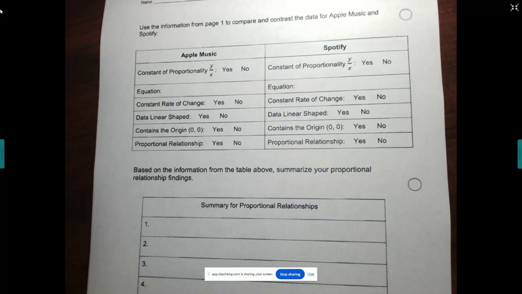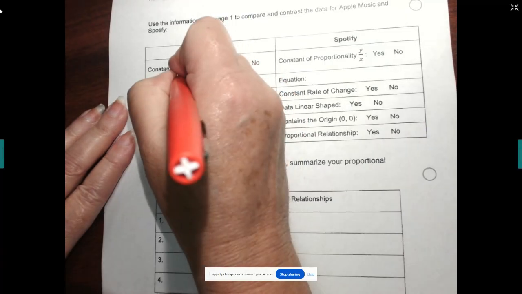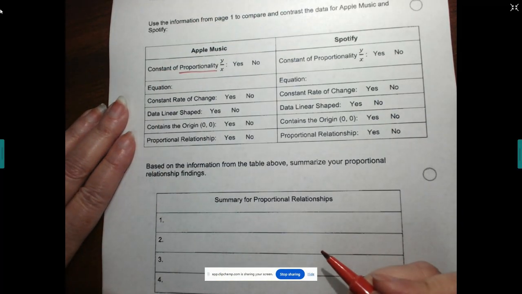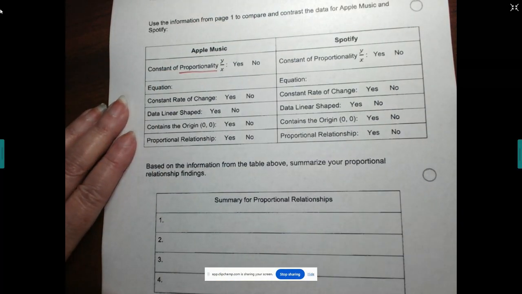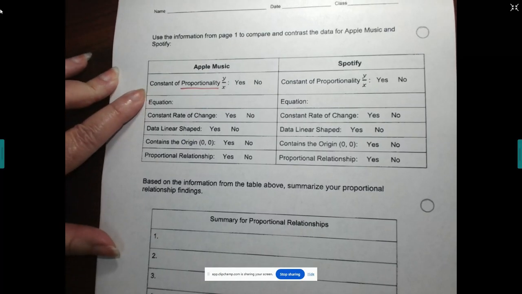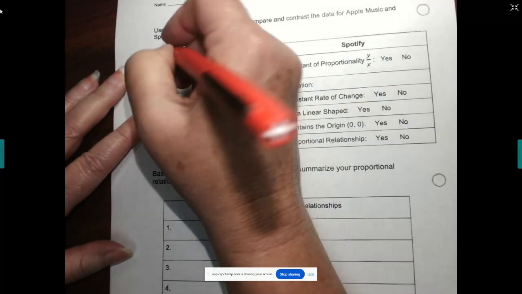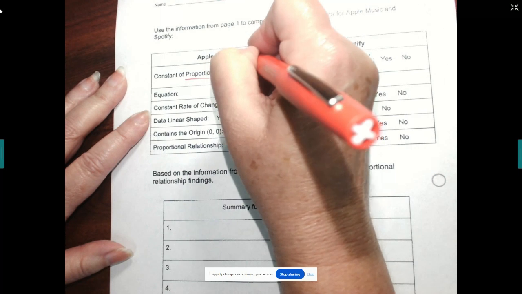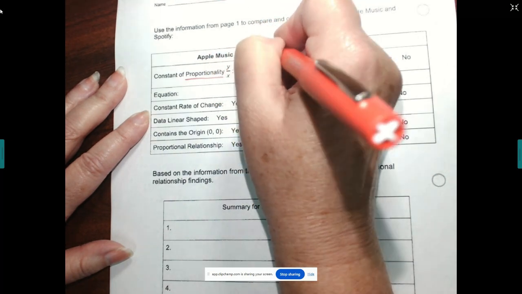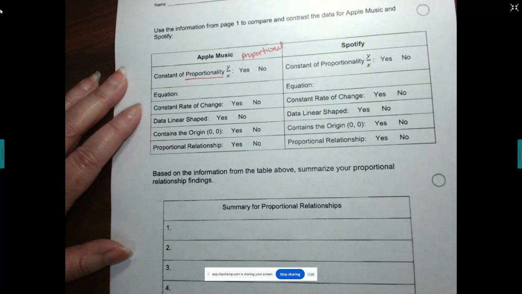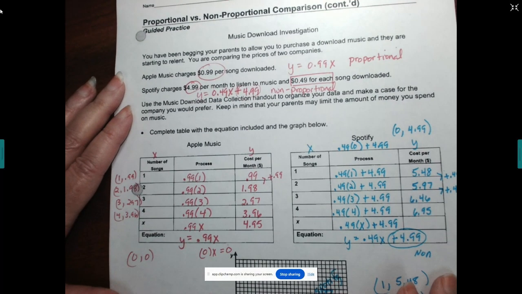All right, a constant of proportionality only exists if the relationship is proportional. So does Apple Music have a constant of proportionality? Is it proportional? If it's proportional, then yes, it has a constant of proportionality. We look back over here at Apple Music.